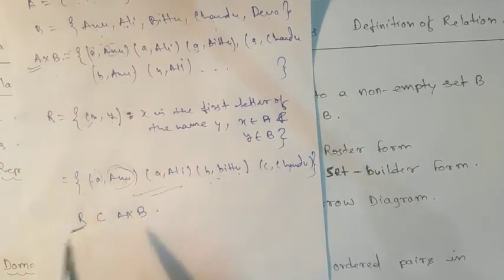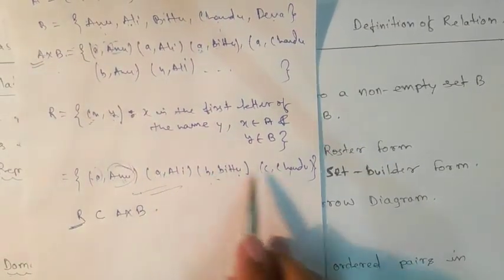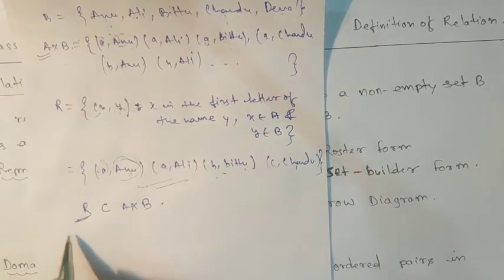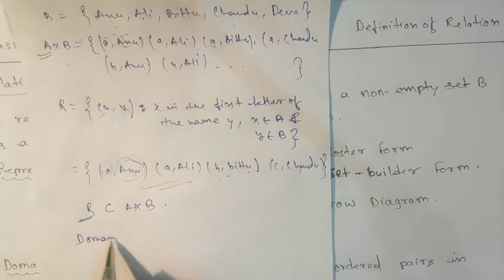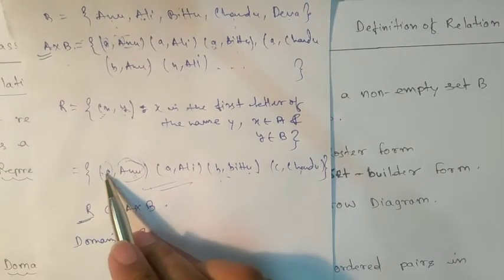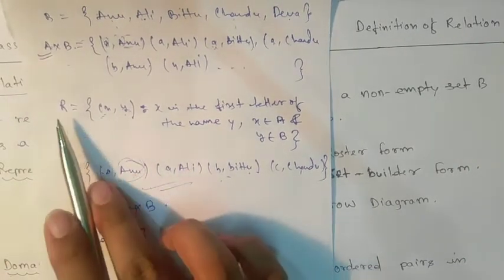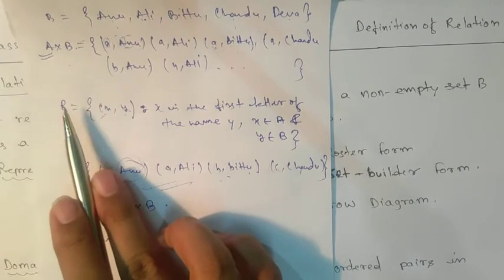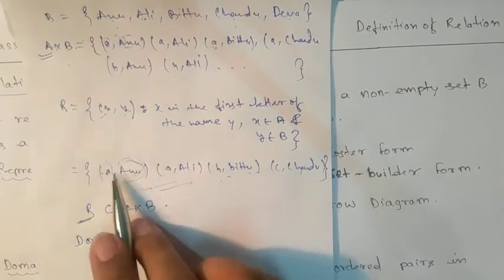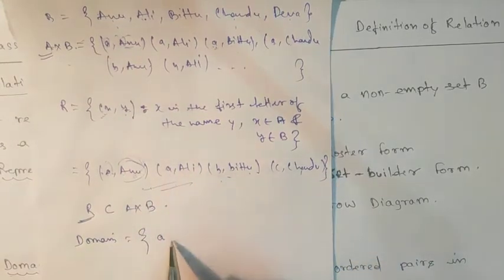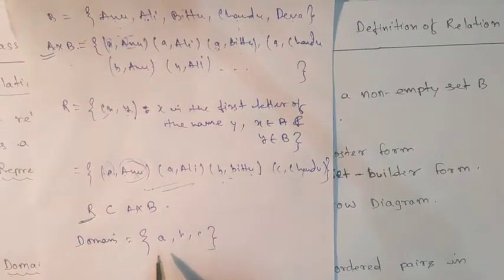If we collect all these elements, this one is called the domain: the set of first elements of relation R. If a is repeated 2 times, we take only one: a, b, c.